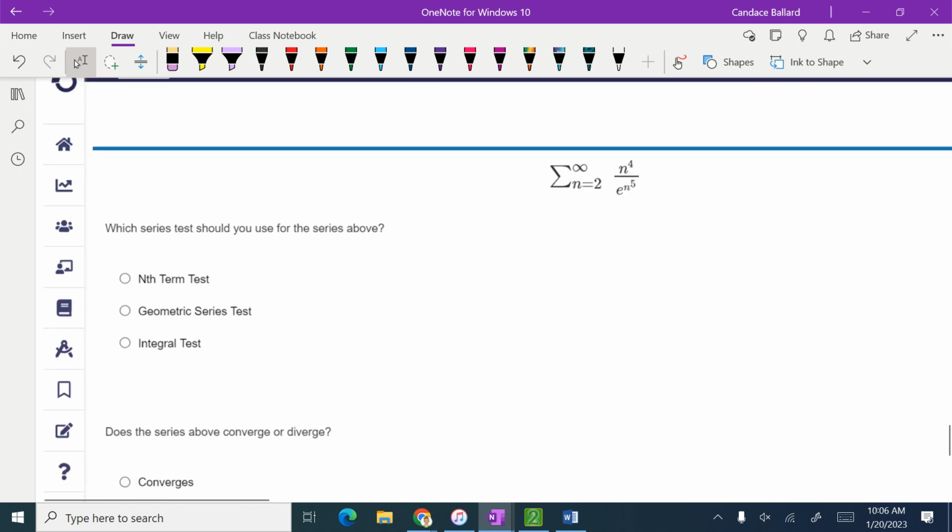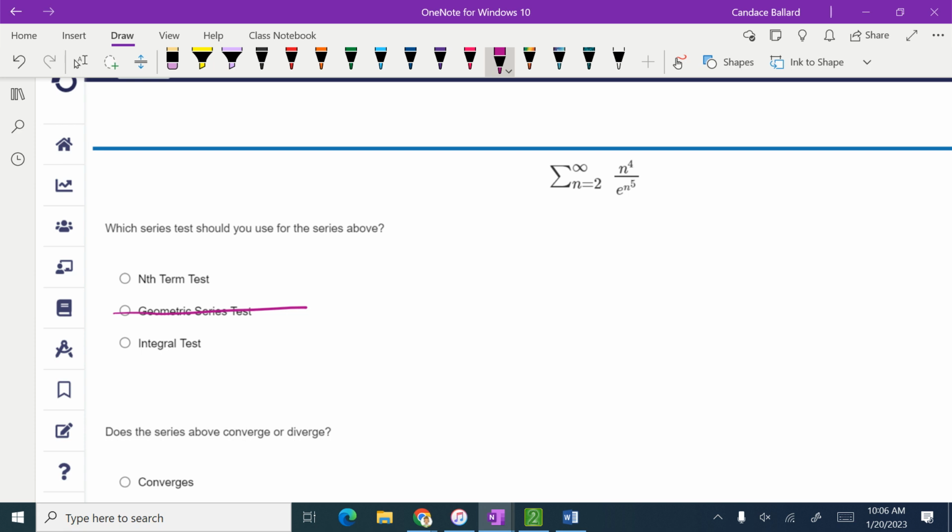All right, I think, is this the last one? Yeah, okay. So on this one right here, can it be geometric? No, it can't be. Our exponent isn't the n, and it's really obvious, especially in that numerator, it's not the n. So we know we can't use geometric.